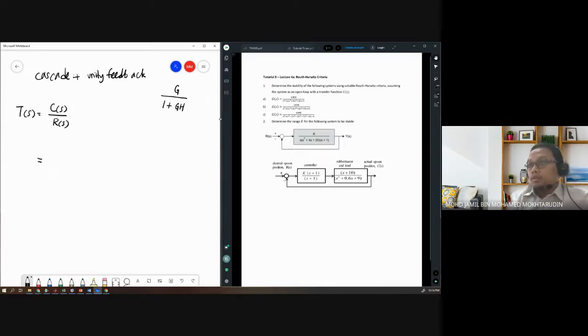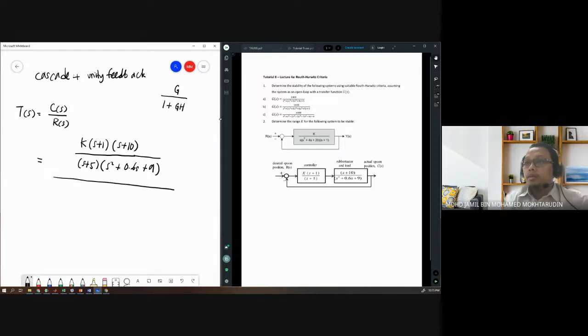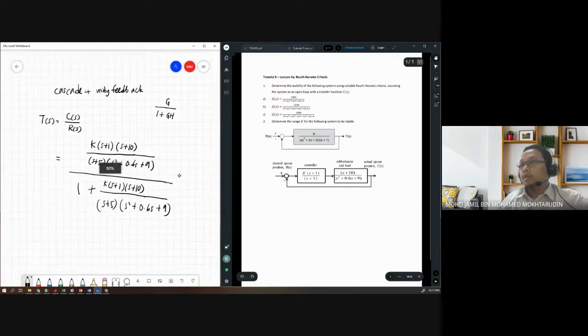Our G is just the cascade, so we get K times (s plus 1)(s plus 10) divided by (s plus 5)(s squared plus 0.6s plus 9), and then divided by 1 plus the same thing, and H is 1.